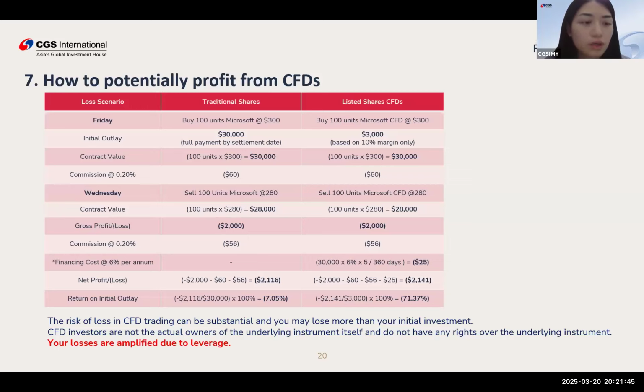Now, when you go to the return on initial outlay, with the cash upfront account, you actually lost 7.05%. However, with CFD, your loss is magnified, at 71.37%. This is also because of the leverage. So your loss in CFD is relatively larger because of leverage.